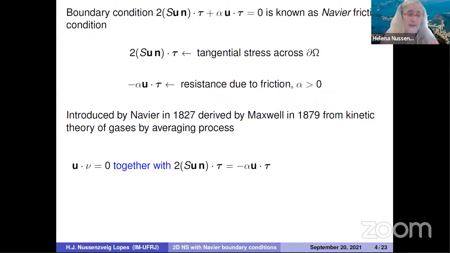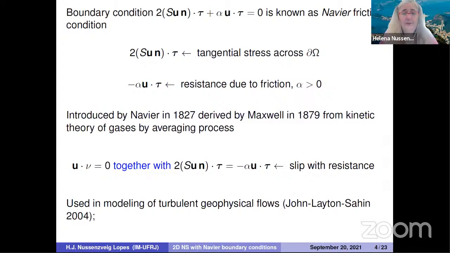So the condition, sorry, this is supposed to be u·n, not u·nu, together with the Navier friction condition, which is also known as slip with resistance, are known as the Navier friction conditions. And they've been used in the modeling of turbulent geophysical flows, 2D turbulent geophysical flows. And there's a paper by John Layton and Sahin from 2004, where they discuss the numerics associated to this model. Okay, so LES, et cetera.